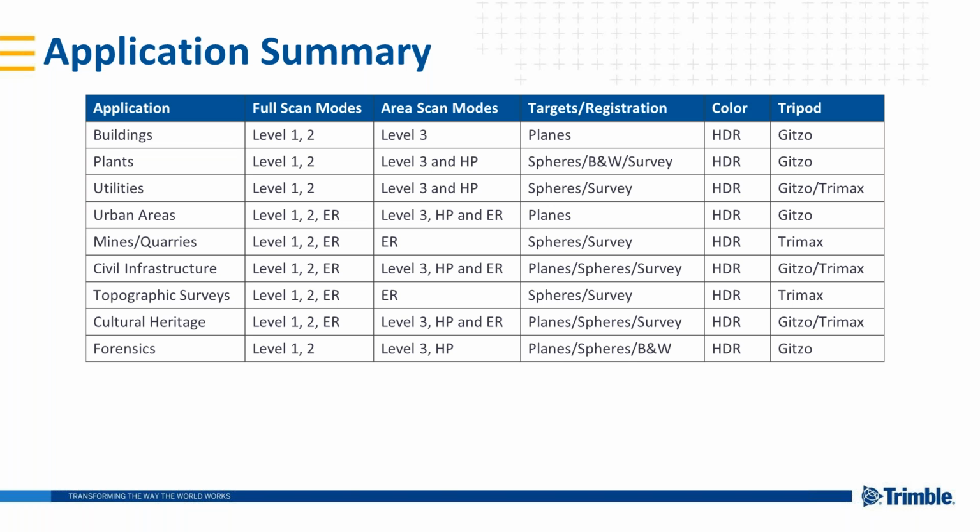To close, I would like to do an application summary based on some of the topics we've covered. But first, a statement on TX8 and TX6 positioning. The TX6 is primarily reserved for building and forensics applications, and the TX8 is the most versatile, being able to support virtually any application.